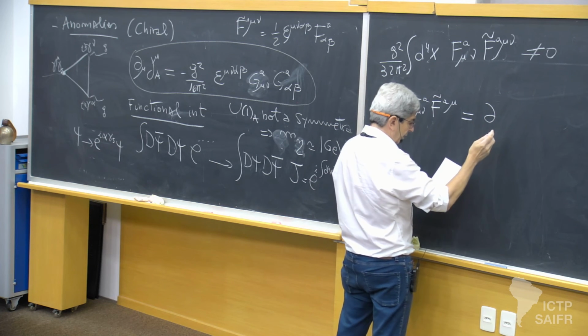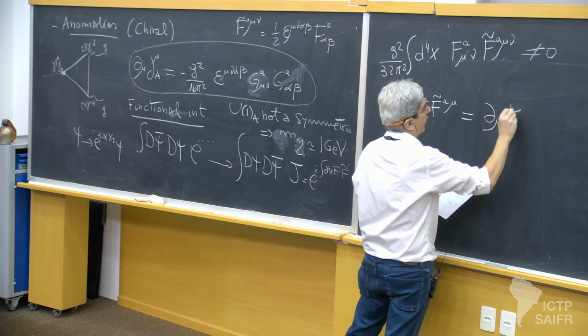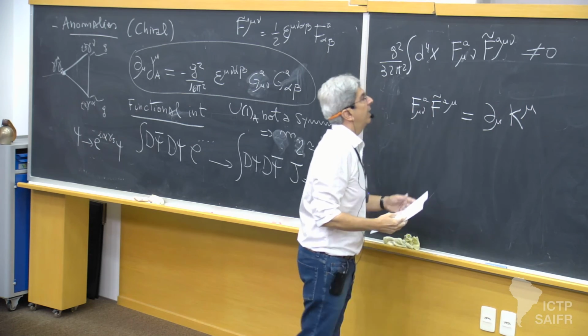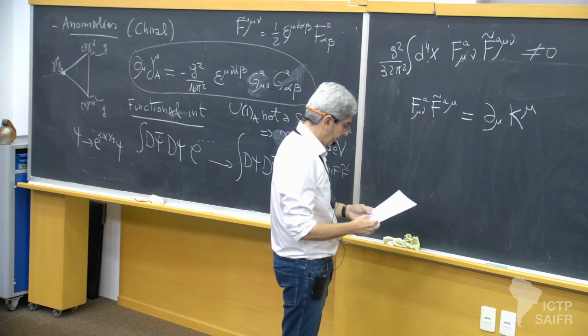As a four-divergence, ∂_μ of a vector, right? And I can write this vector. It's a complicated vector.